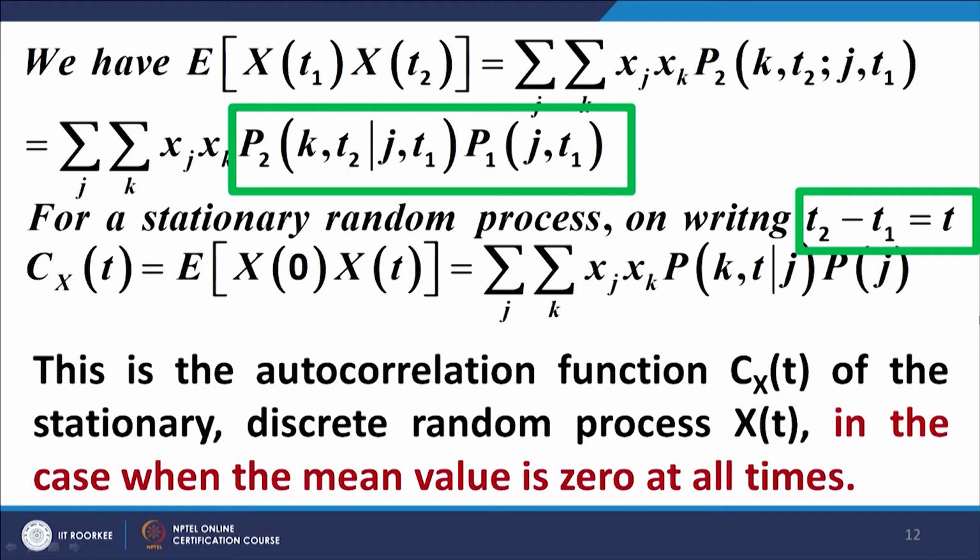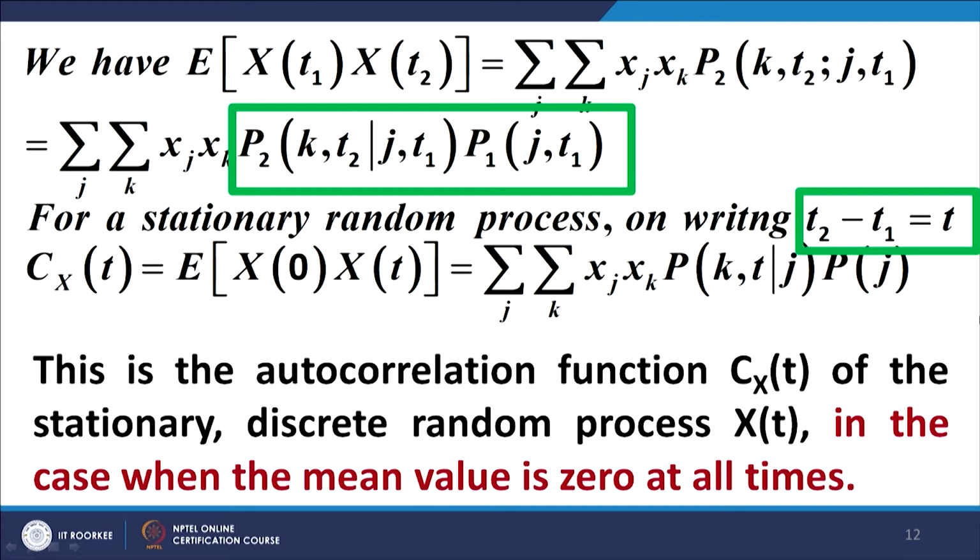Precisely, the correlation function is defined as the expectation of x at t_1 and x at t_2. You will have various realizations of x at t_1, and you will have various realizations of x at t_2, work out the correlation between them, and that is precisely what gives you an indication of how the process is moving forward in time.